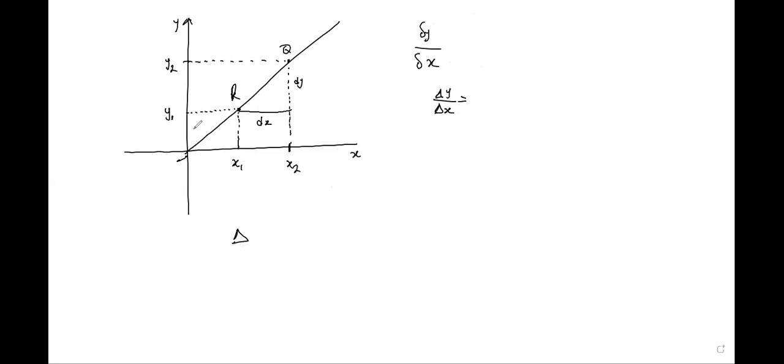If we use this representation, you can see that this is just y2 minus y1, because I want to get the difference between here and here divided by the difference between here and here, which is x2 minus x1. Are we still together? Good.